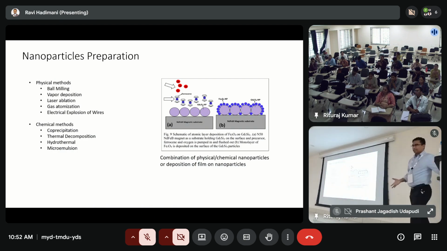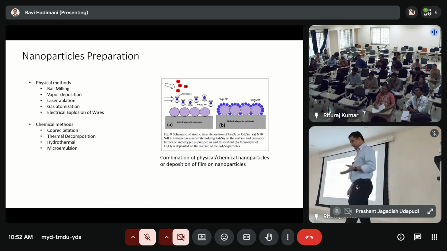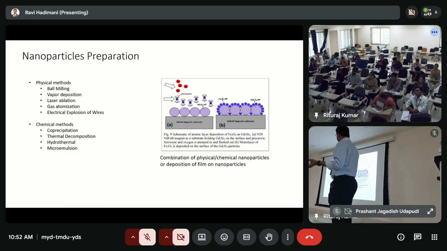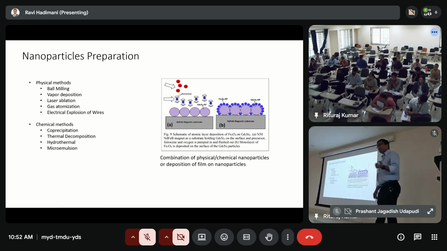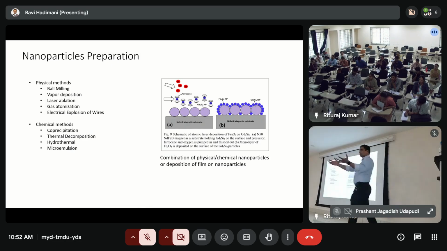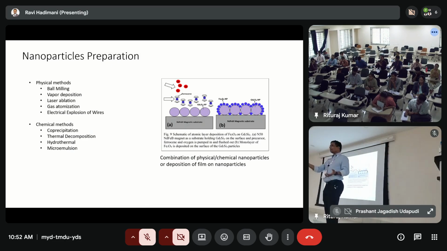Okay, now next, we did thin films a lot. Now nanoparticles. I think somebody here prepares nanoparticles. Is anybody working on nanoparticles here? What particles do you prepare?